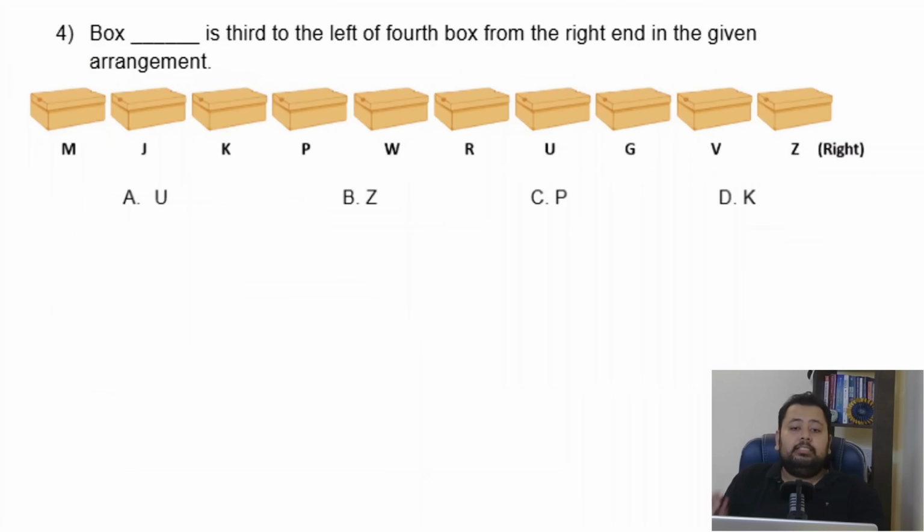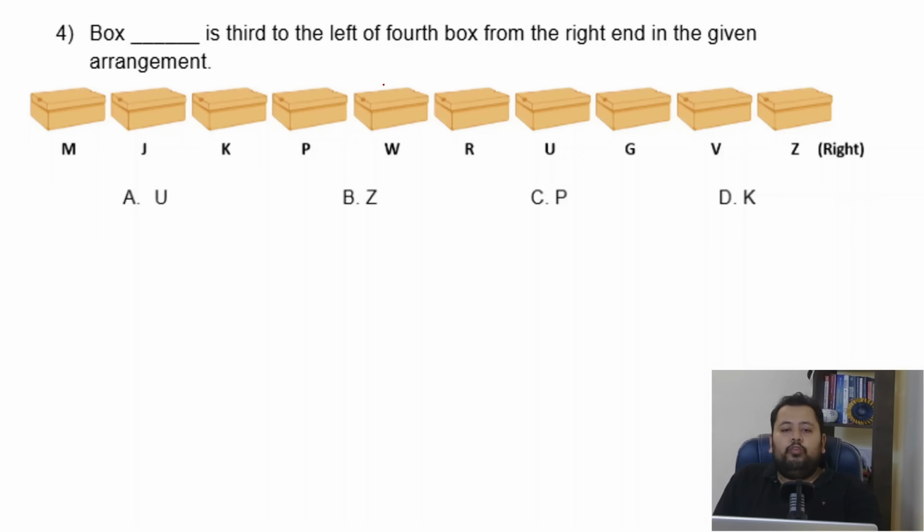Box dash is third to the left of fourth box from the right end in the given arrangement. So we have to find out which box is third to the left of fourth box from the right end, right? In one of the previous videos, I have already talked about it, that whenever such a question comes, always start solving it from the right end, right?